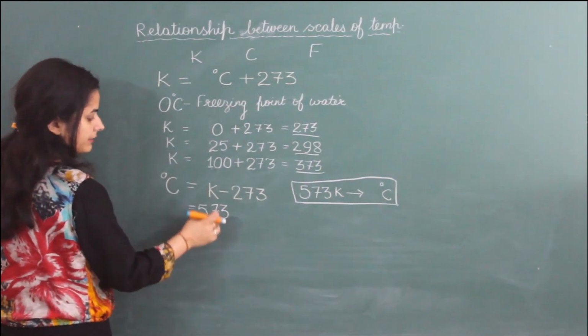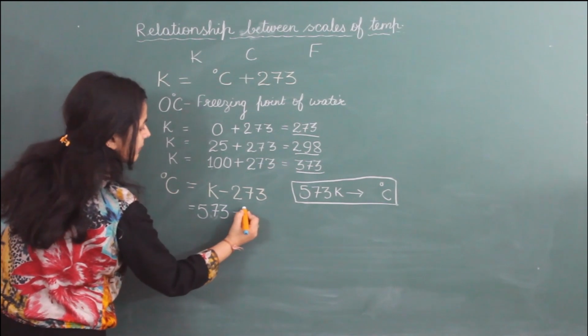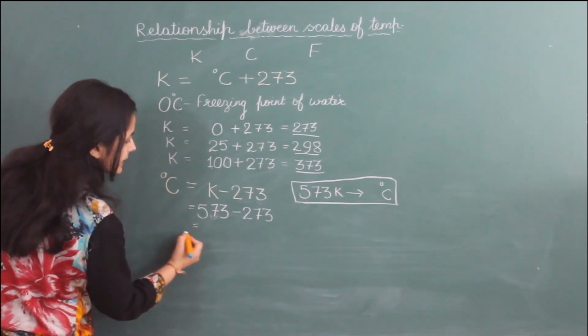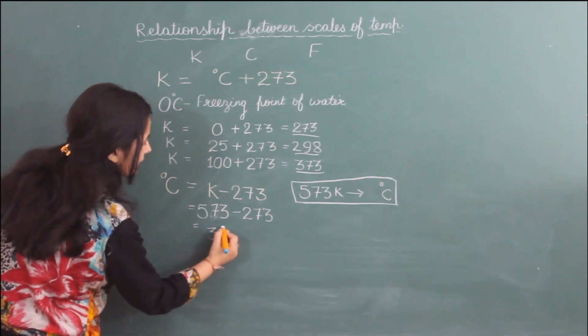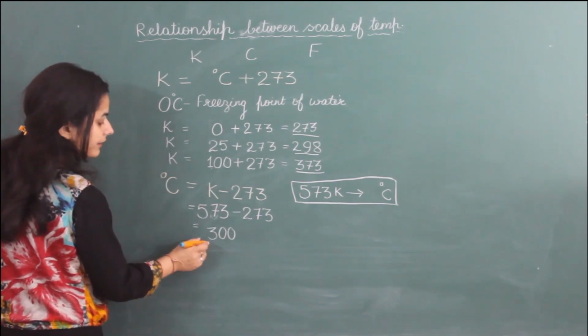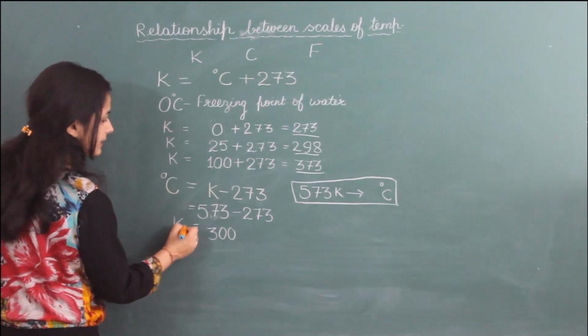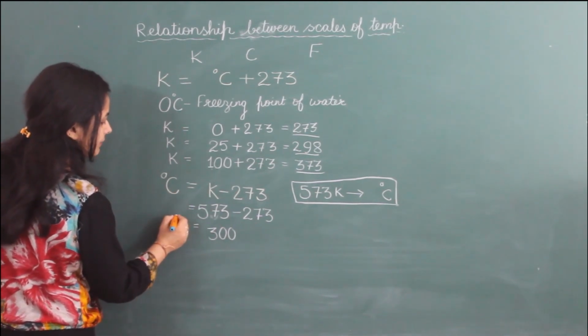I will write 573 minus 273, then the value in degree Celsius becomes 300. That means 300 degrees Celsius is equal to 573 Kelvin.